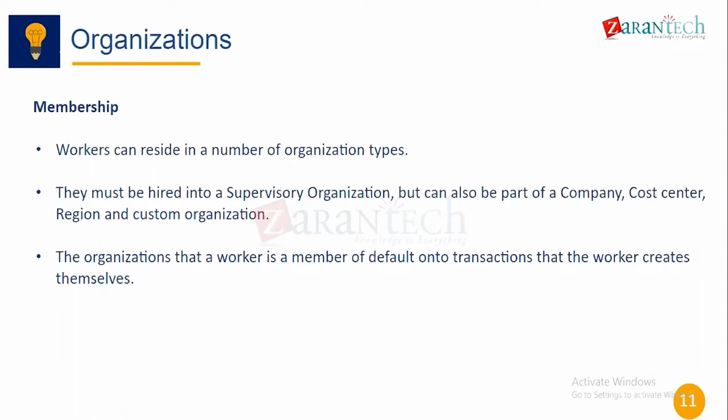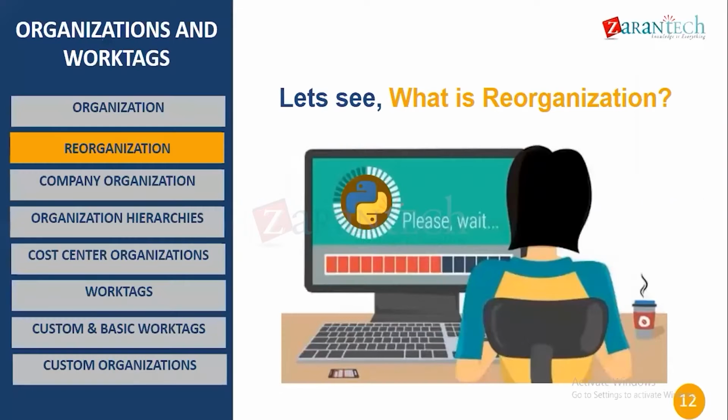But if an employee is linked with your company or cost center, that is called a membership. How that is supported we'll see in an upcoming session. The organizations that a worker is a member of default into the transactions that the worker creates themselves. This activity is more relevant to HCM, but we will touch on this part as well.